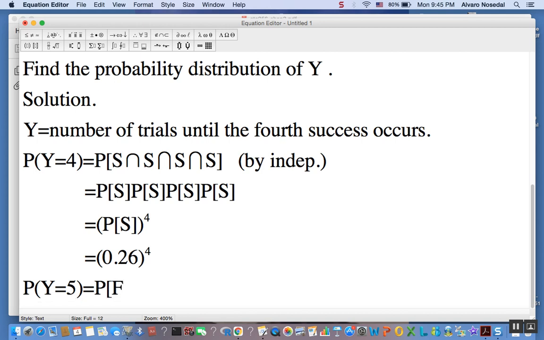We had the following sequence. First a failure, and then 4 successes in a row. Okay? That's a possibility.